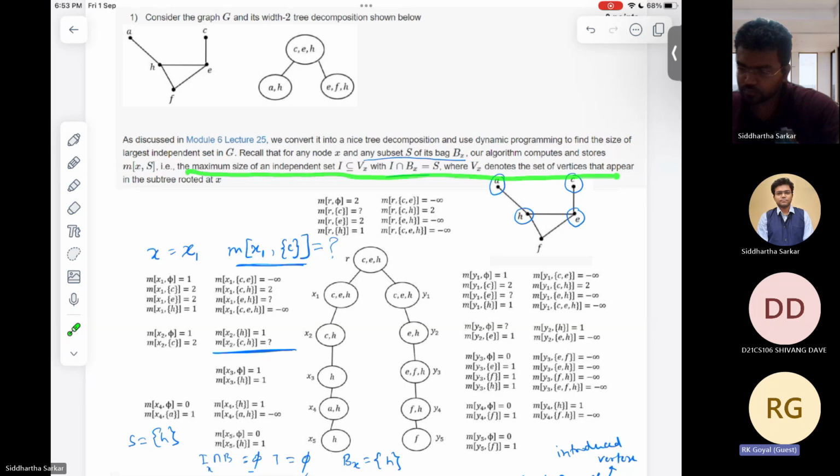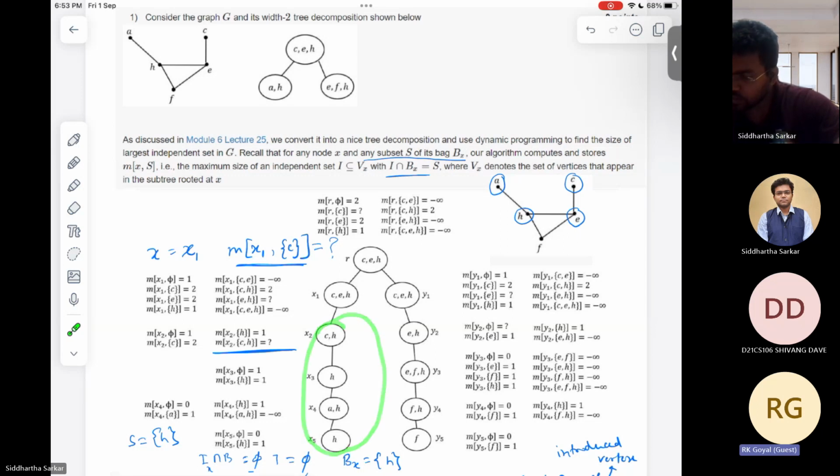So here, what is the independent set? Since v of x here is equal to a and then c, ACH. So what is the ACH? So a and c. Is this value 2 or is this value 1? The maximum independent set is two only, a and c.